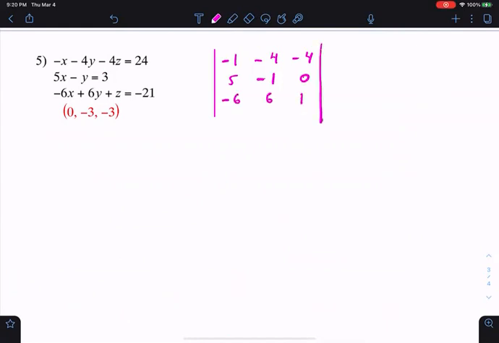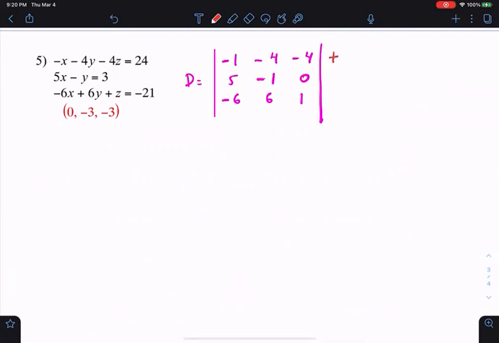So I need to compute the main determinant, or the determinant of my variables. And that's my denominator when I want to solve for x, y, and z in this case, right? So if we compute this, we can do several methods, but since I see in column 3 a 0, I'm gonna work it out with column 3.